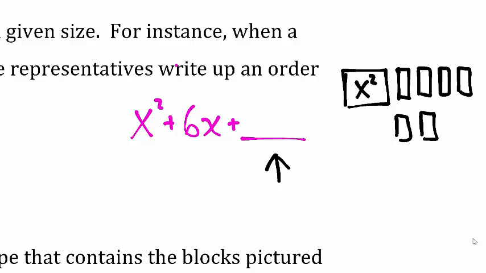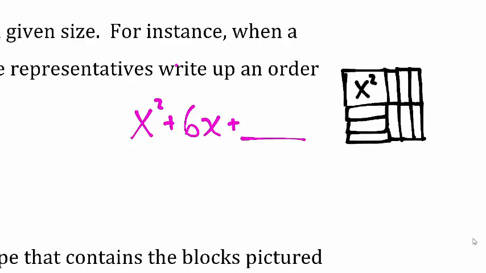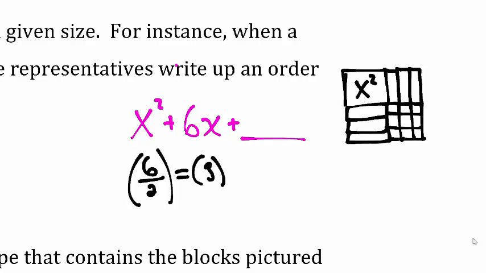And what we saw was that if we took the 6 little x pieces and put half here and half here, we could then fill in this corner into a square. So we said half the middle number, half the x's, which would be 3, and then square it, and we would end up with 9 little pieces that we needed to complete the order.